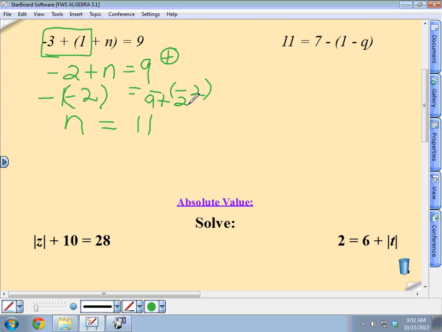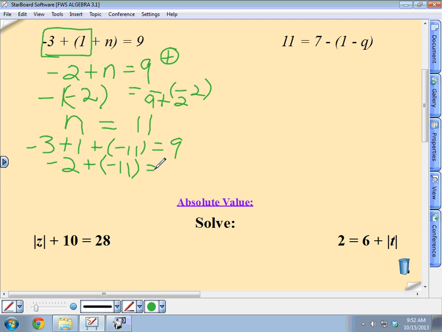So n equals 11. And if I put that back in, I'd see negative 3 plus 1 plus 11 equals 9. Negative 3 plus 1, negative 2 plus 11 equals... Don't you get negative 9 there? I put 11 in, didn't I? No, 11's my variable. You put in negative 3 plus 1 plus 11.